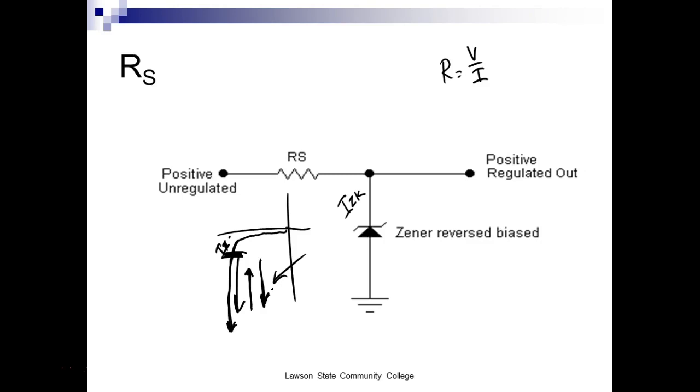So what do I need to know? Let's say my input is varying from 10 to 7 volts. And over here I've got a 5 volt Zener. And let's say my load current is going to be anywhere between 10 milliamps and 50 milliamps.